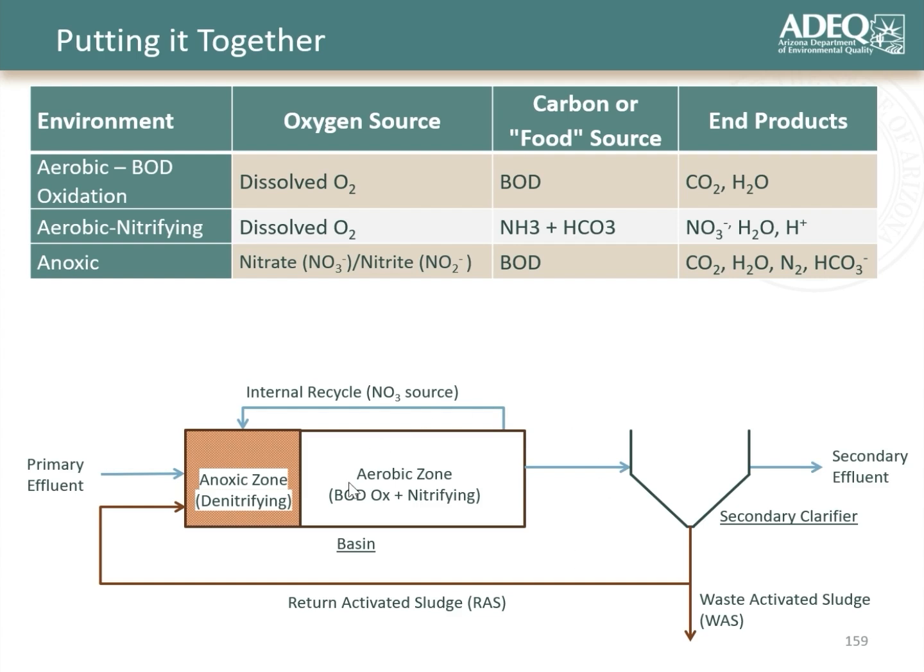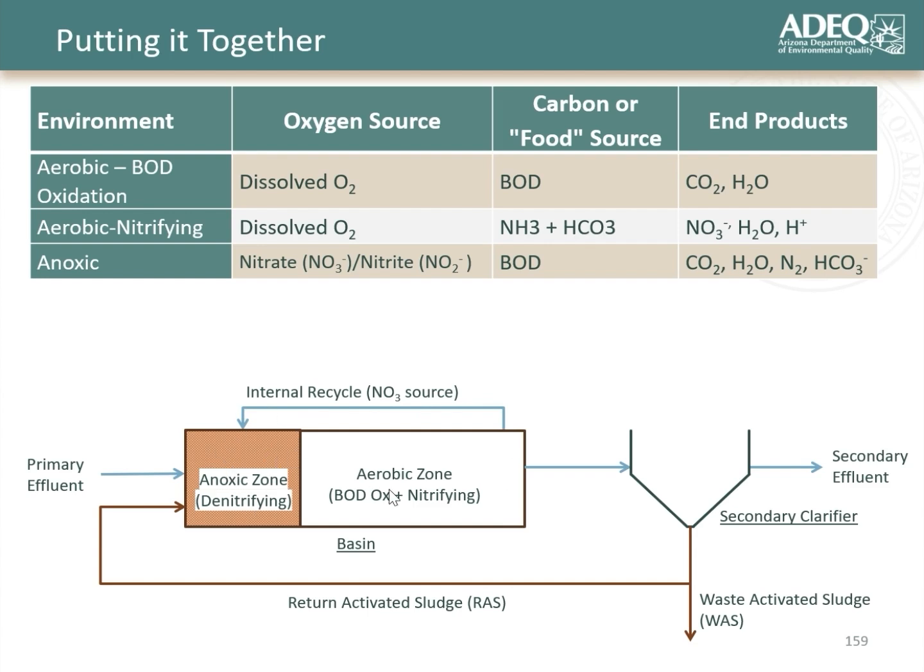So under this aerobic zone, BOD is oxidized and ammonia is converted to nitrite. From here, we have a mixed liquor recycle, which is typically between 1 to 4 times the flow of the wastewater coming into the system. We actually recycle that wastewater back to the anoxic zone.